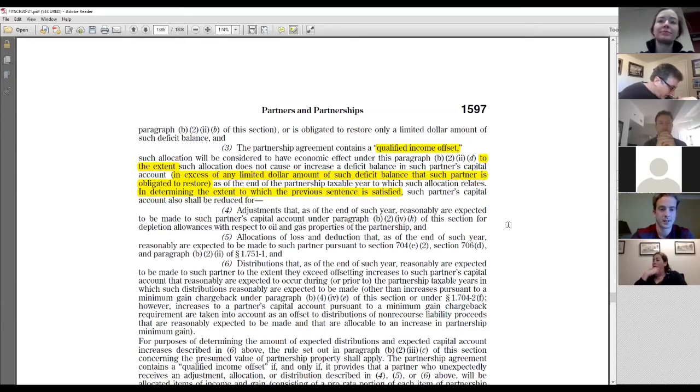So what do you do then with distributions? That's a real problem. We can stop tax losses from going to you because that's a tax thing, but we can't really stop distributions going to you. I guess we could have a rule in the tax law so that you can't take a distribution if it would drive your capital account below zero, but that wasn't the way the reg writers went.